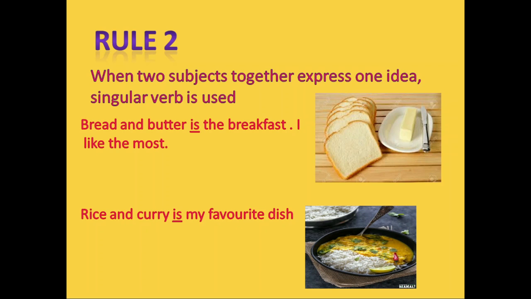So, when two subjects together express one idea, we have to use a singular verb. Rice and curry is my favorite dish. Rice and curry are considered as one, so we use a singular verb is. So, according to this rule, when two subjects together express the same idea, we use a singular verb.